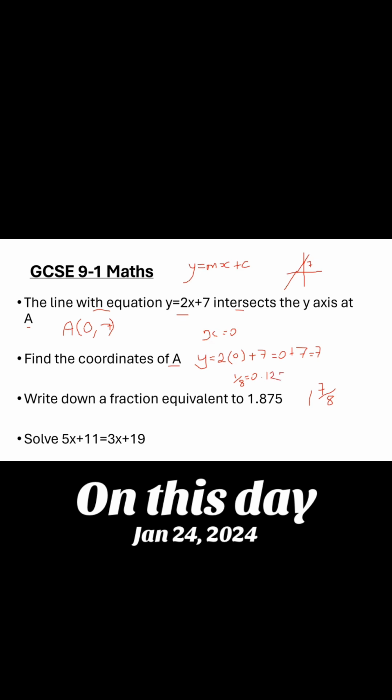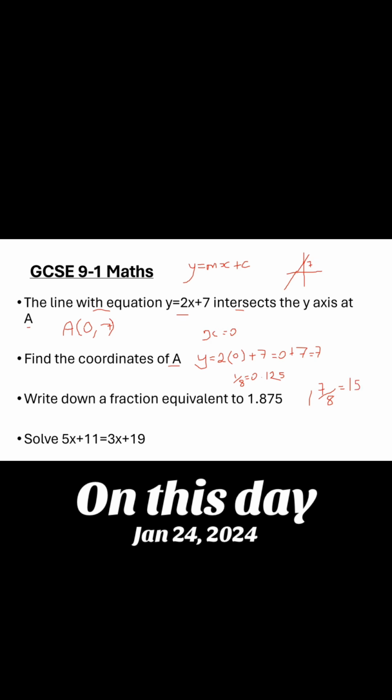These are just fractions that you need to actually know for your GCSE exam. So if I make it a top-heavy fraction, 1 whole is 8/8. 8/8 plus 7/8 is going to be 15/8.